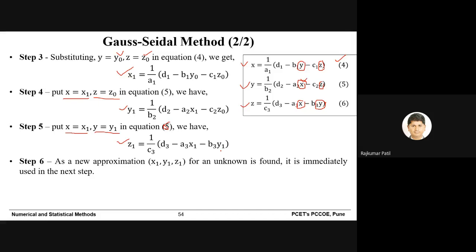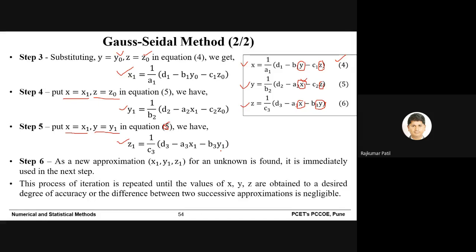And this process you need to repeat until the values of x, y and z are obtained to a desired degree of accuracy, or until the difference between two successive approximations is negligible. So we stop the iterations when the values of two successive approximations are almost the same.